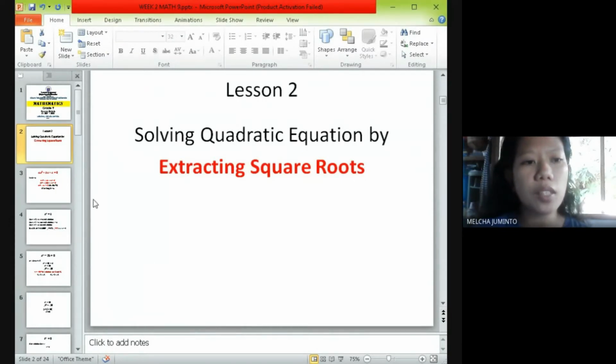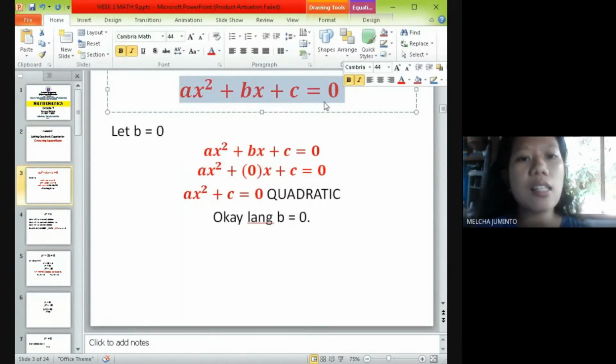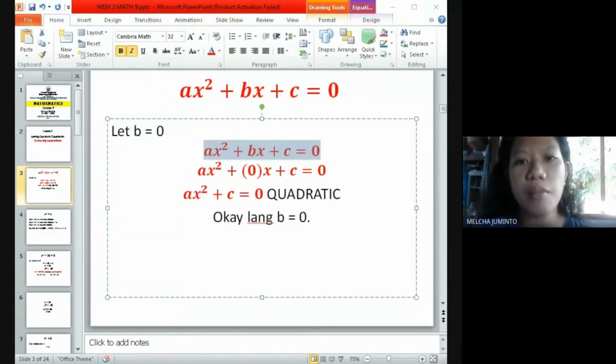When we say extracting the square roots, it will be used once the quadratic equation is in the form wherein b is equal to 0. If we go back to our lesson last time, we agreed that if b is 0, the equation is still quadratic because the term containing x squared will remain in the equation.